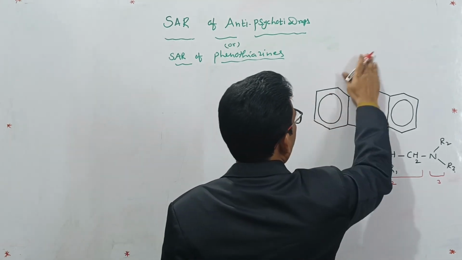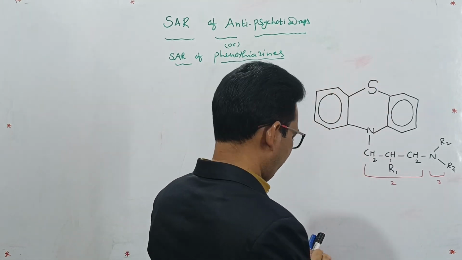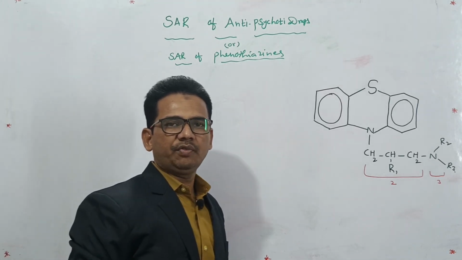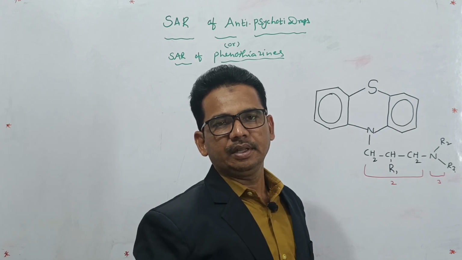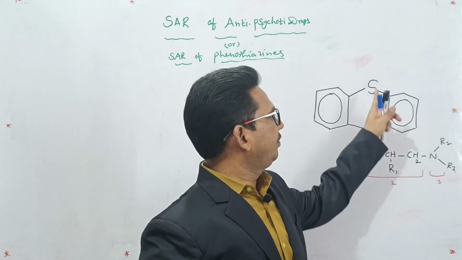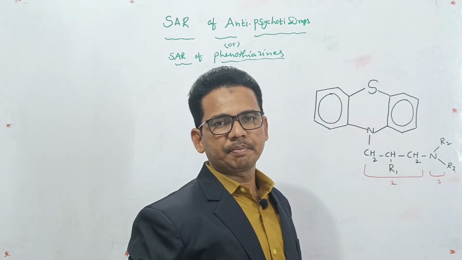Then when it comes to the numbering for this, we are following the Chemical Abstracts numbering. We are not following the IUPAC numbering, because with IUPAC numbering we have to start from one of these two heteroatoms.